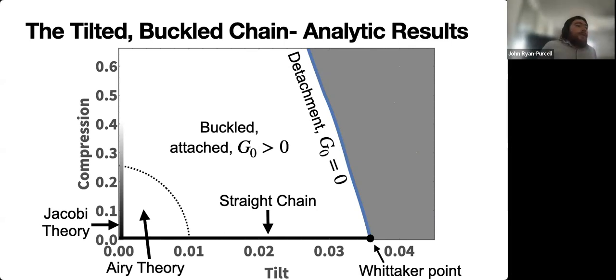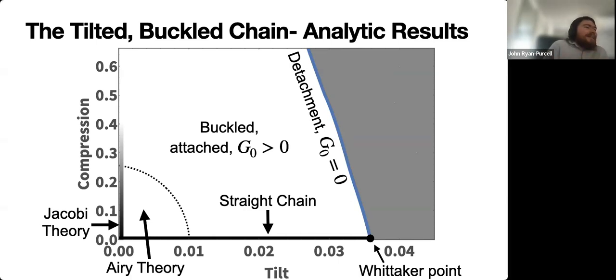And remember, this Whittaker point gives us an estimate of where this detachment occurs at compression equals 0. Then this blue line defines the point beyond which, to maintain these single peak symmetric solutions, you would need an extensive force at the top wall rather than a compressive force. Perfect. So all of these buckled symmetric structures that we looked at exist to the left of this line in compression and tilt.